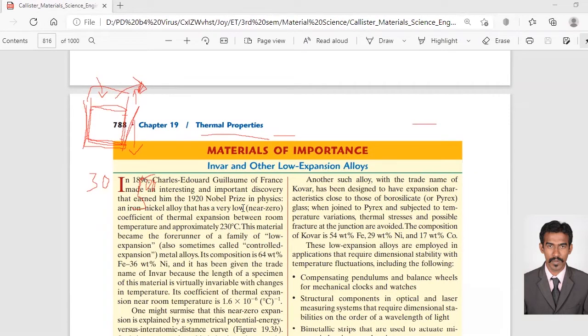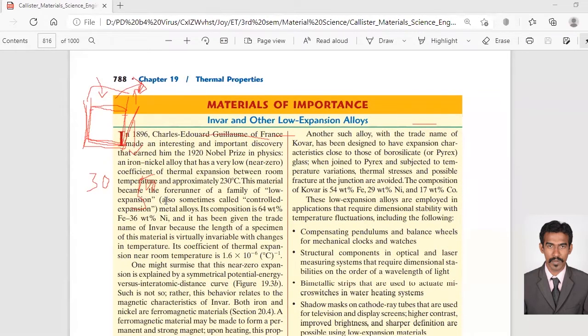So this iron nickel alloy, iron is Fe, nickel is Ni, has a very low coefficient of thermal expansion, nearly zero. So it does not have any thermal expansion between this range, room temperature and 230 degrees Celsius. So room temperature may be 30 degrees Celsius and this temperature would be 230 degrees Celsius.